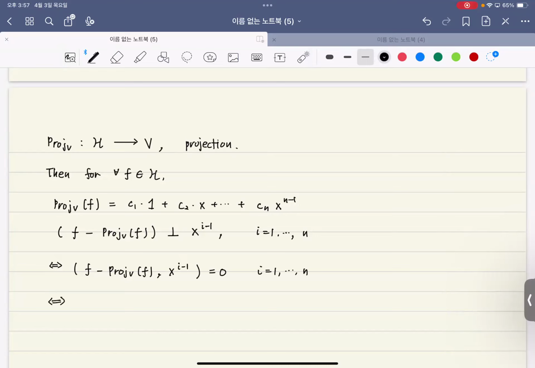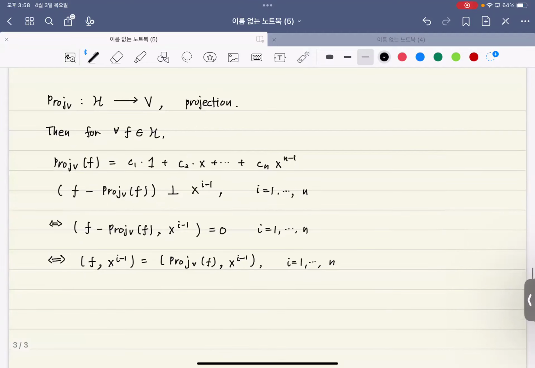So solving this, the inner product of f with x^(i-1) equals the inner product of the projection with x^(i-1). I have n such equations. Now I want to replace this projection by this expression.